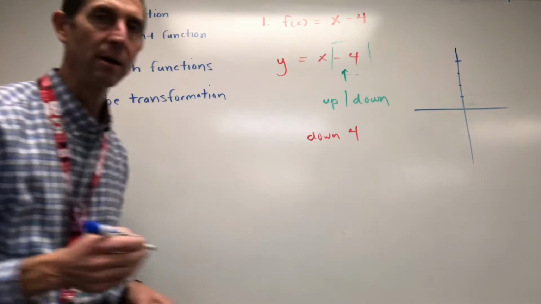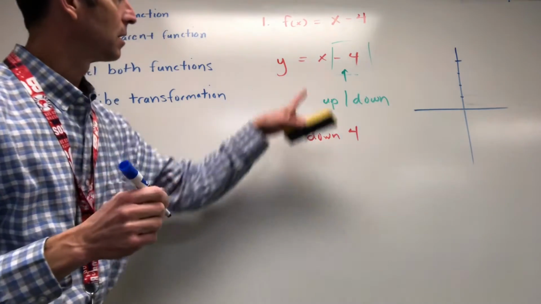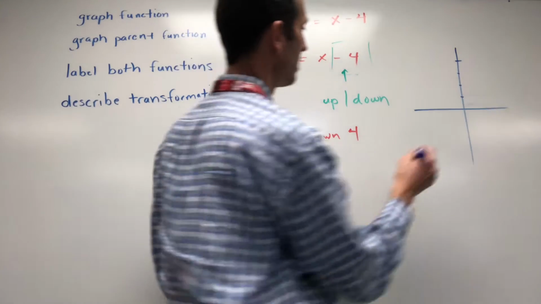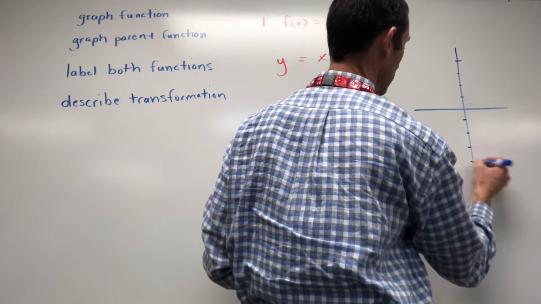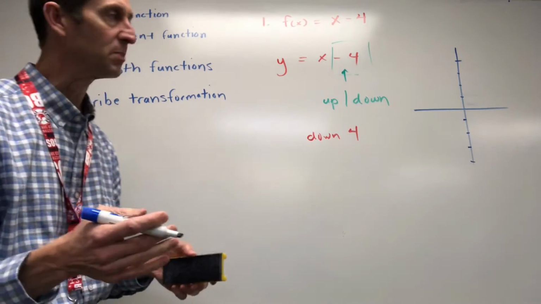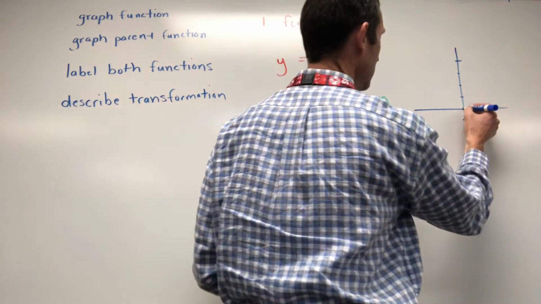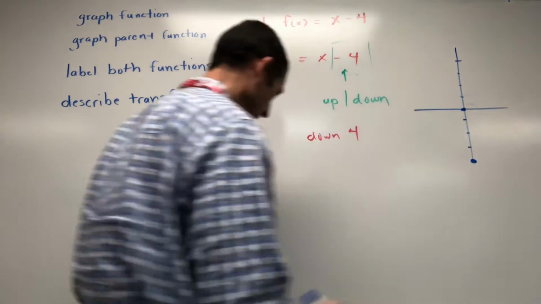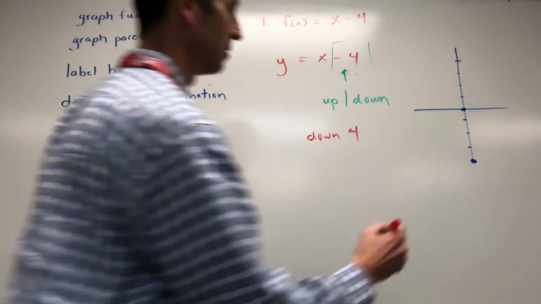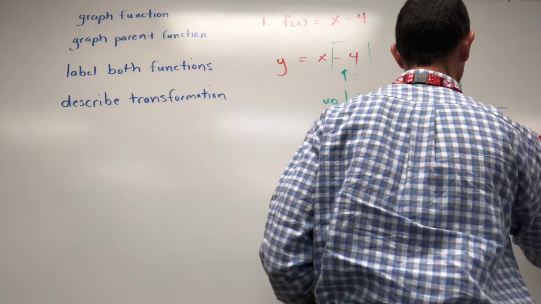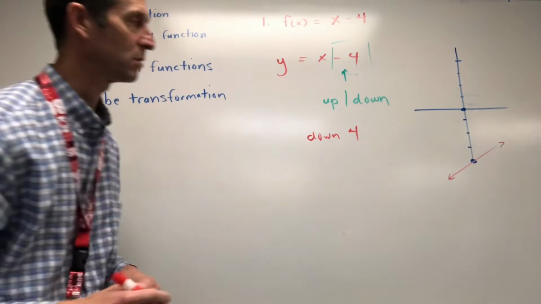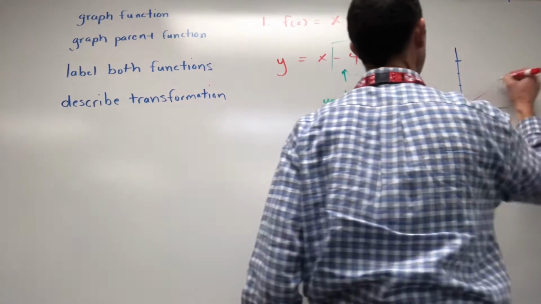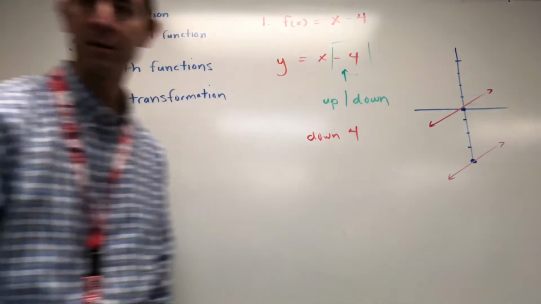So there's a quick graph. My function is going down 4 spots. Here was 0, 0. Here is down 4. So my new graph, linear, going this direction, is down 4 spots. And then this is my parent function.